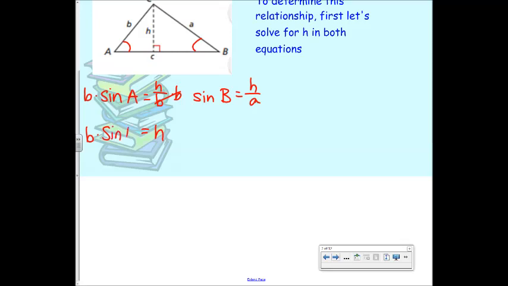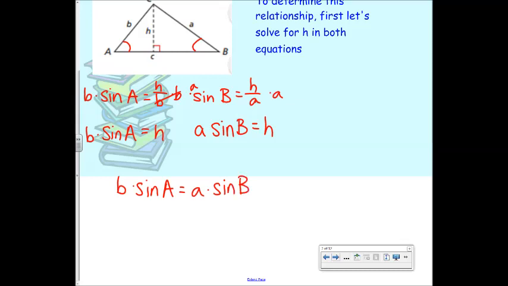Okay, what if I solved for h here? Times a, and that gives me what? a sine B equals h. If they're equal to the same thing, what can you say? b sine A equals a sine B. So b times sine A equals a times sine B. Transitive property or substitution or however you want to look at it, right?